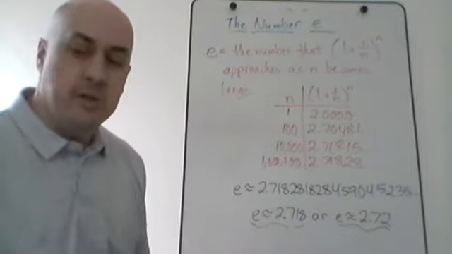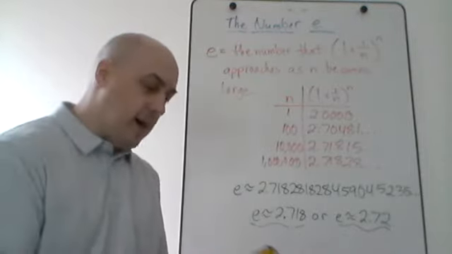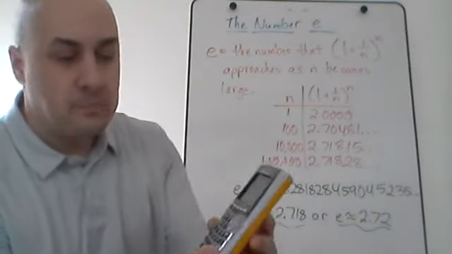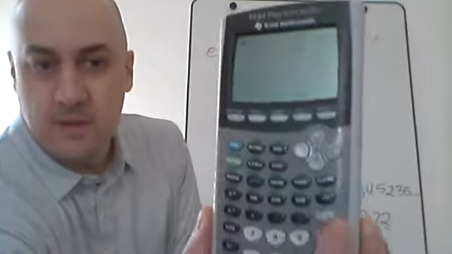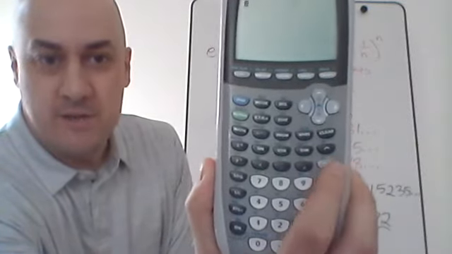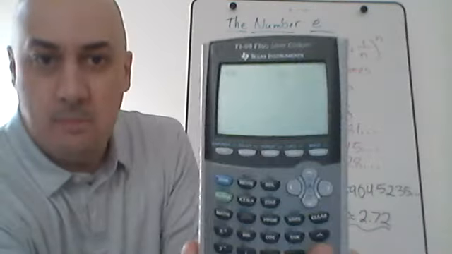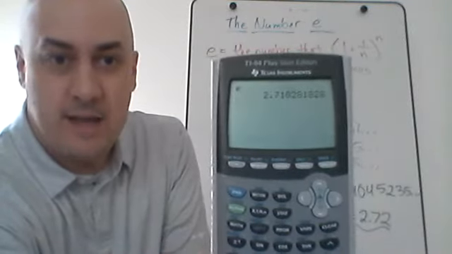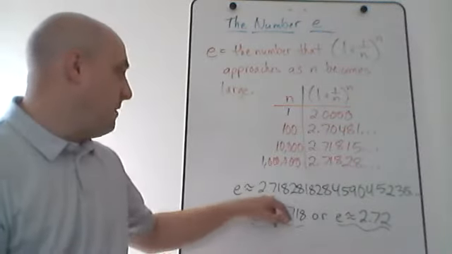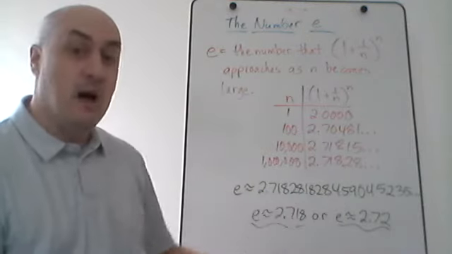So that's an explanation of where the number e came from, the definition of it, and the approximate value of e. Oh, and I should show you this. In your calculator, if you have a graphing calculator or probably a scientific calculator as well, you probably have an e button. On my calculator, above the division key, there's a little blue letter e. If I do second and then hit that button, it brings up e, and if I hit enter, it gives me 2.718281828, which is the first nine or ten decimal places of the number e.